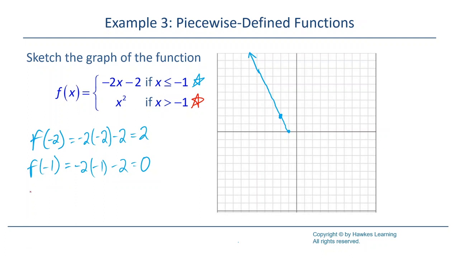And so if I do f of 0, that one's pretty easy. 0 squared is just 0. So I get that value. If I do f of 1, I get 1. F of 2 is 4. You get the idea. And then f of 3 would be 9.